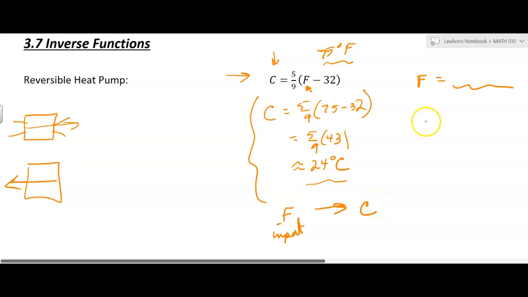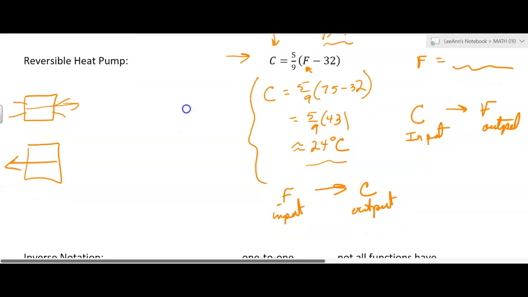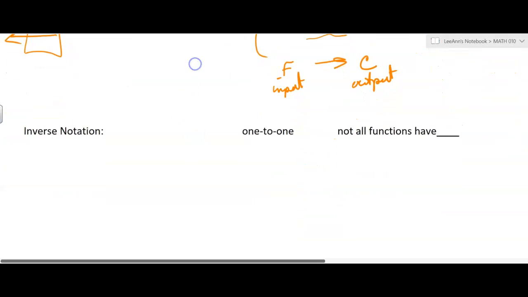But what if we wanted to go the other way and have the Celsius temperature as the input, and we wanted the Fahrenheit as the output? Okay, so that's all we're saying there. And that's what inverses are. The inputs and the outputs switch.